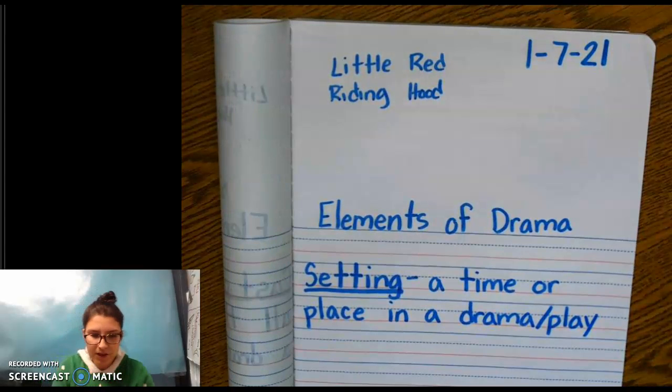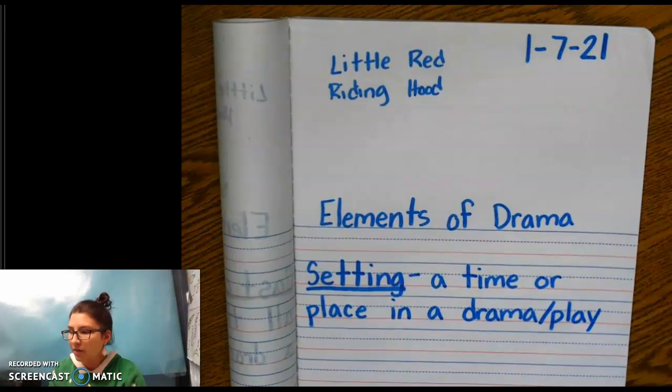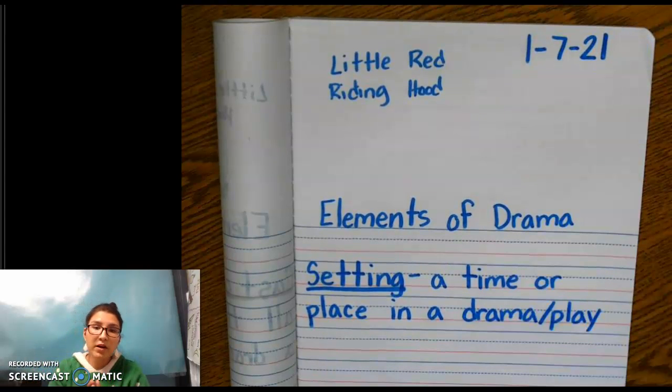All right. So I'm just going to draw a picture now. So if you want to do your own picture with your own play, that's fine. I'm just going to continue to stick with this one.